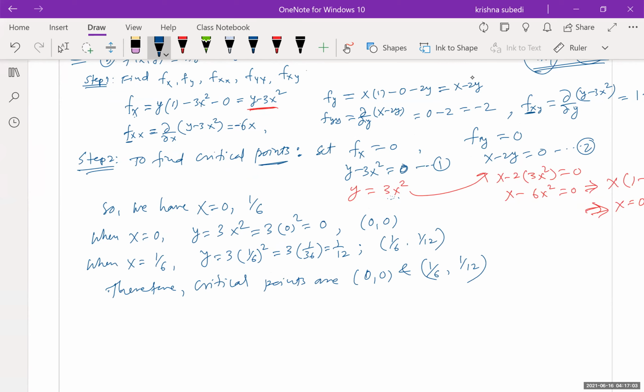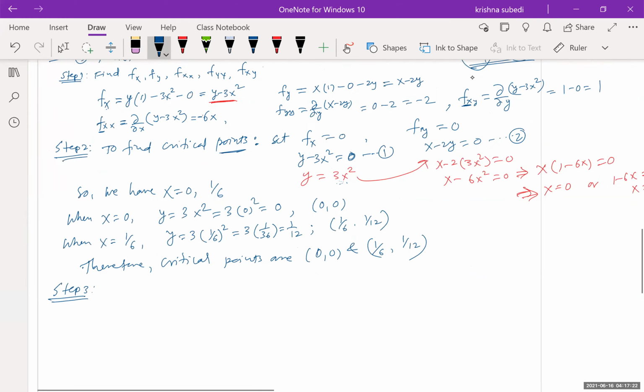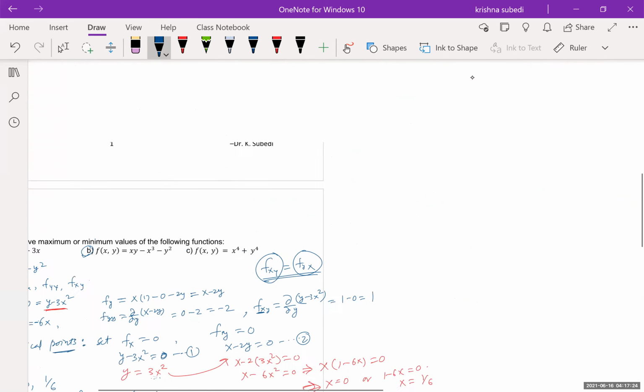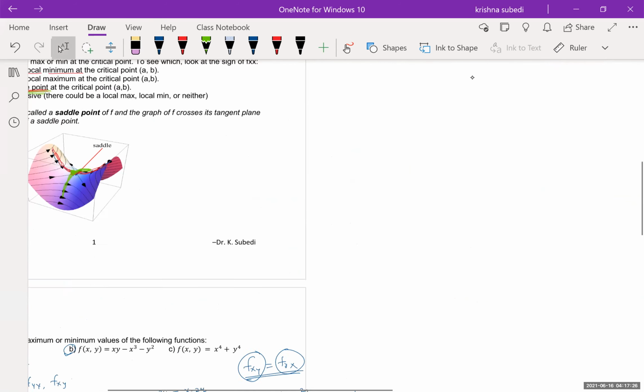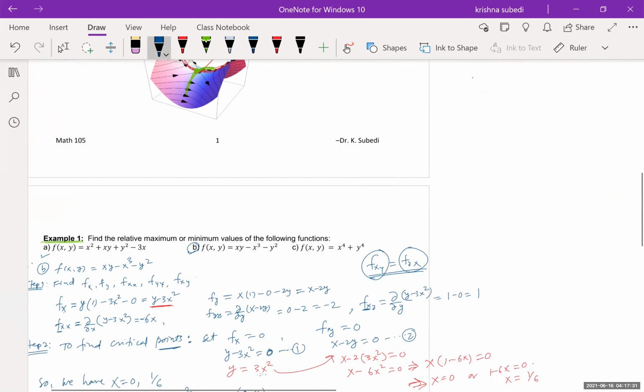And in our case, it is the candidate for maxima, minima, or saddle point. Let's test whether it is a minimum, maximum, or saddle point. Okay, step 3, the D-test. Recall that step 3 is the second derivative test. Let us do that.